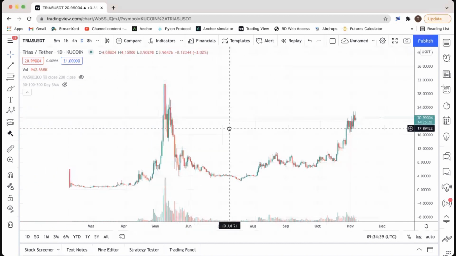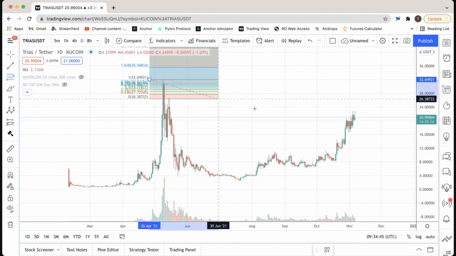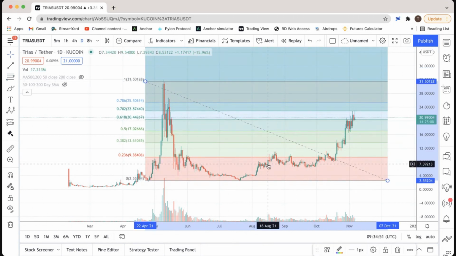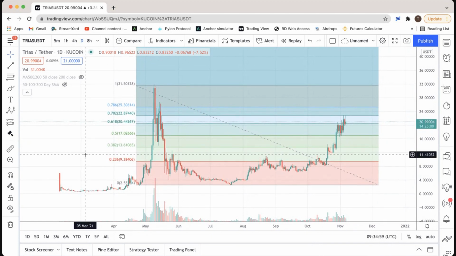Of course, the first thing that I've been doing a lot is using Fibonacci retracements. If we place our fib from the top to the bottom right here, what you can see is that these retracements are things we need to take out, and it is typically where we will find the majority of our resistance going up.